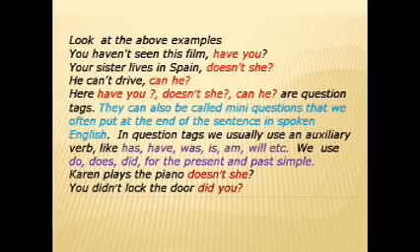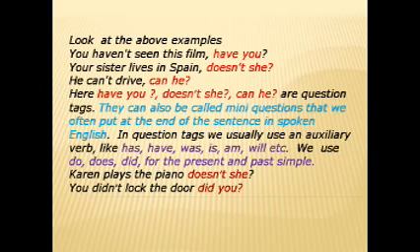Now, let's start question tags. Look at the following sentences. You haven't seen this film, have you? Your sister lives in Spain, doesn't she? He can't drive, can he?